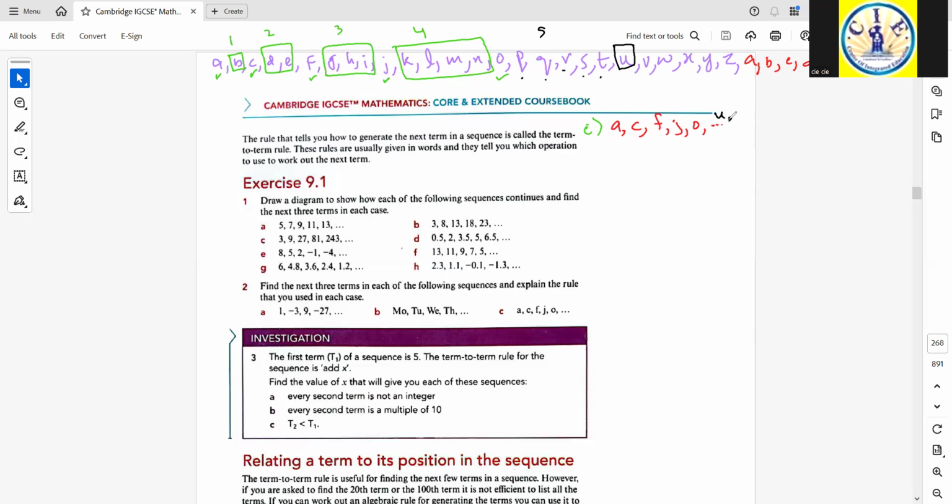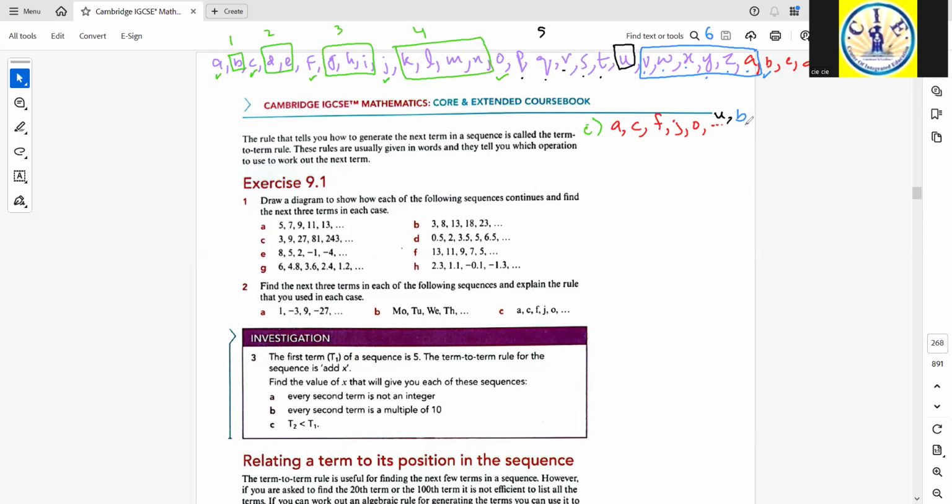It should be U. Then after U, we need to skip six alphabets. One, two, three, four, five, six. So the next term has to be B after skipping V till A, which are the six alphabets.